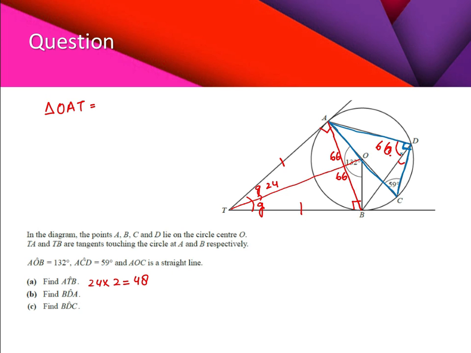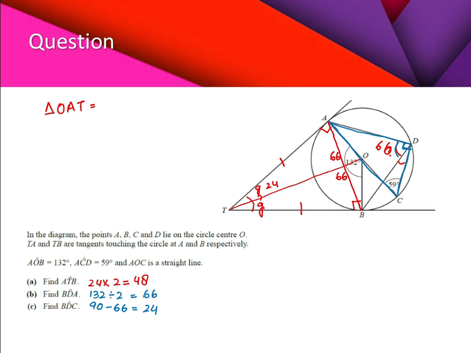As we know that this angle is 66, if we subtract 66 from 90, we will get angle BDC. So 90 minus 66 is 24. So this angle is equal to 24. And this angle we got by dividing 132 by 2, so we got this angle 66.